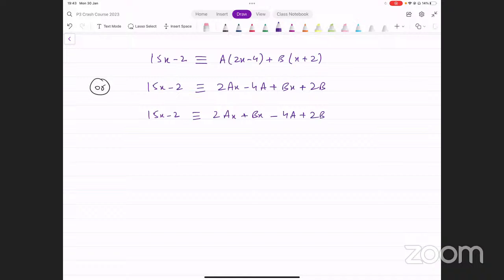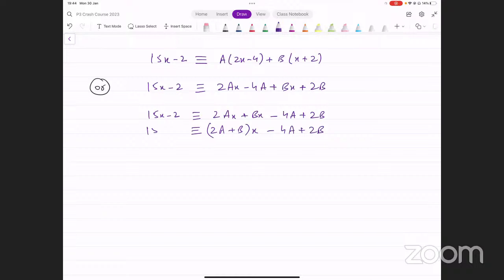All right. So we've written the x terms together and the constants together. Now you take x common from the x terms and keep the constants together. What does that give you? 2a plus b whole times x minus 4a plus 2b.